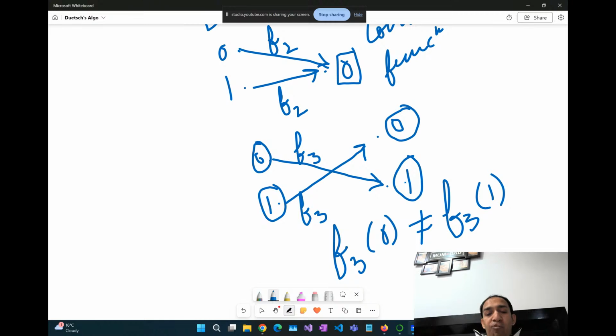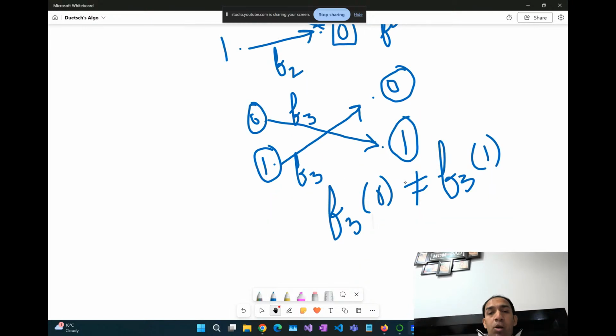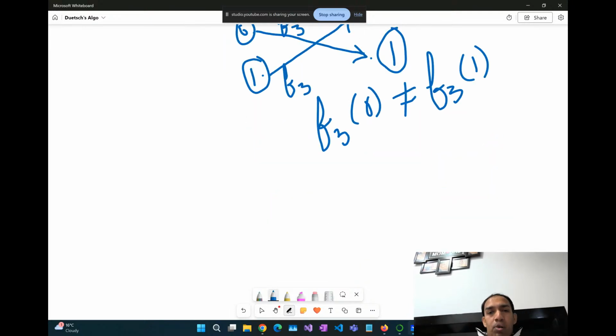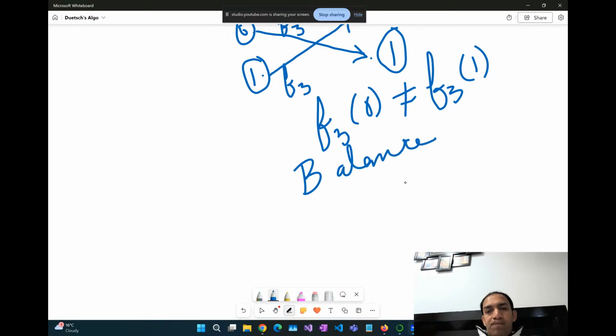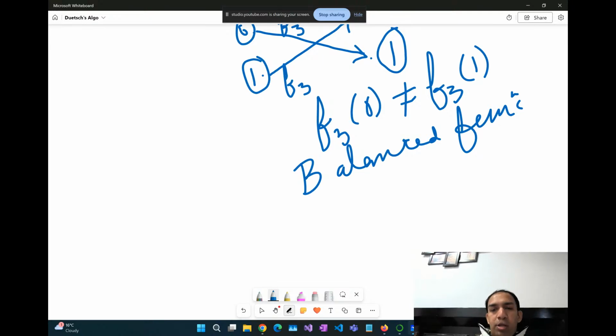Now I will move forward with one more possibility of balanced function. So let's write it down. The balanced function is one more way possible by simply having these possible states.